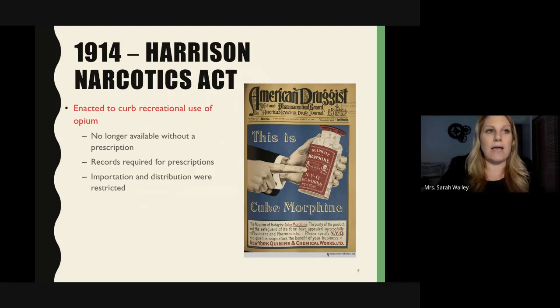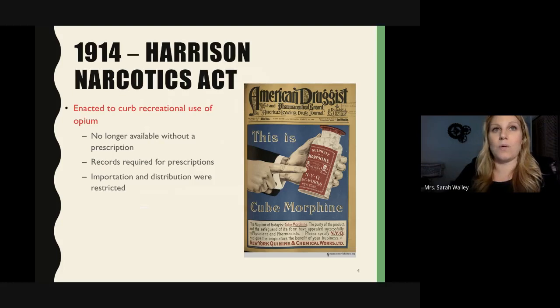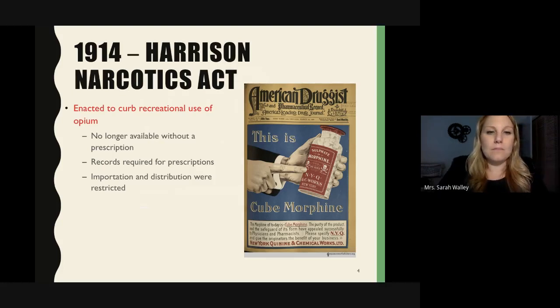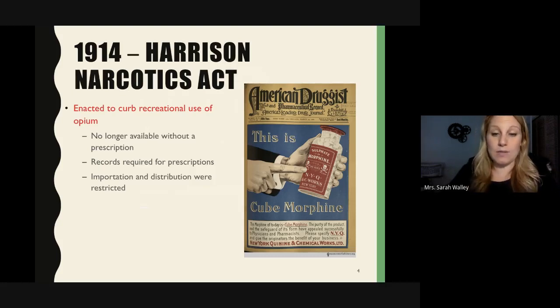Heroin is an opioid, a synthetic opioid. Way back then, they had found the poppy plant and were using that to create things like morphine and opium. So they put this act in place because it made sure that you had to have a prescription to get it. That was a huge deal.